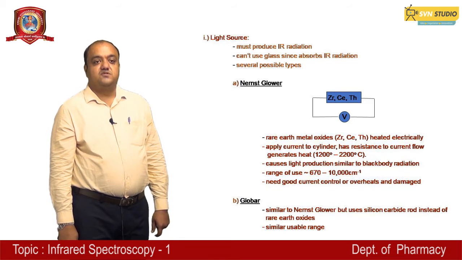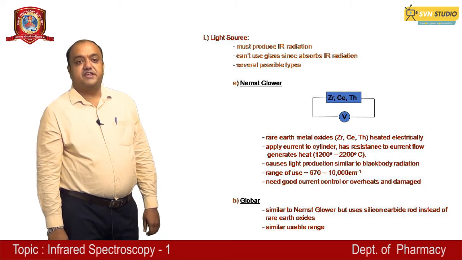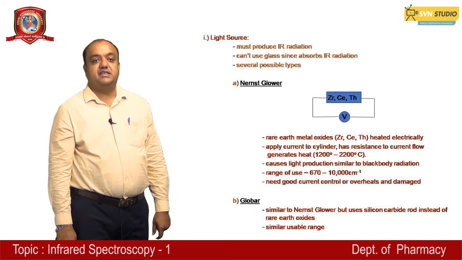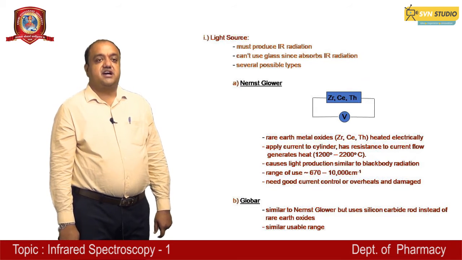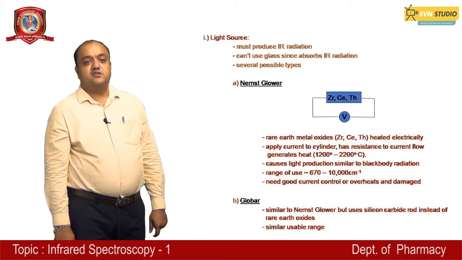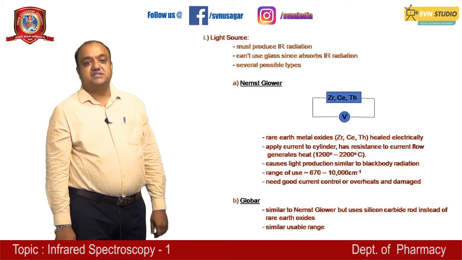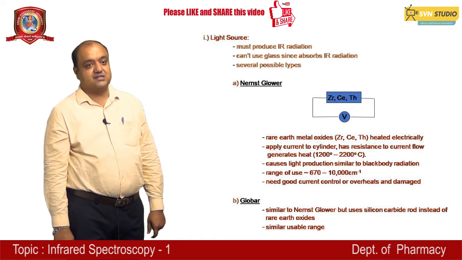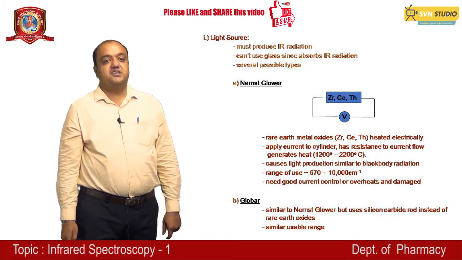Range of use is 670 to 10,000 centimeter inverse, and it needs good current control or it overheats and is damaged. Another light source is the globar, which is similar to the Nernst glower but uses silicon carbide rods instead of rare earth oxide, with a similar usable range.